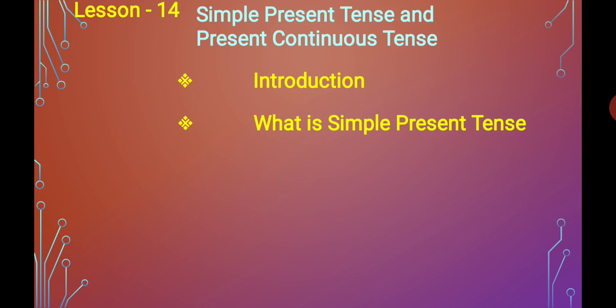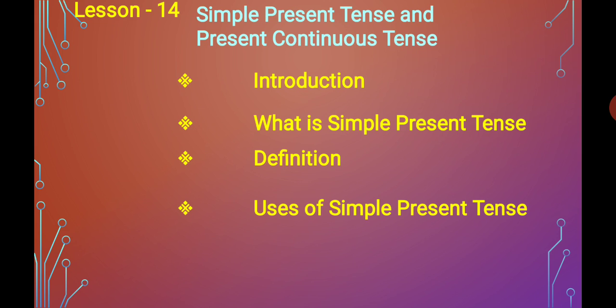In this topic, I will give some more information about simple present tense, and then we will see the definition of simple present tense. Then we will see the uses of simple present tense, where we can use the simple present tense form of the verb, and then we will see the rules of forming the verb for the simple present tense.